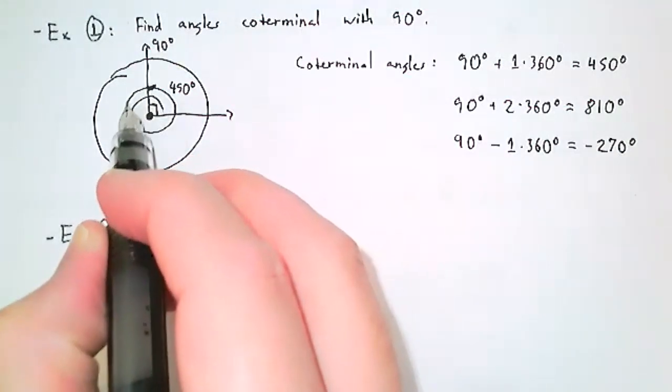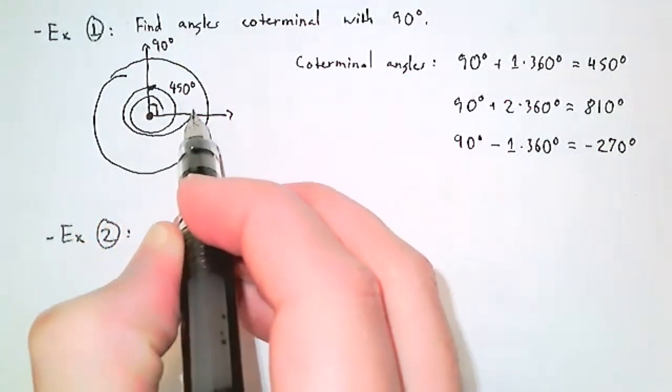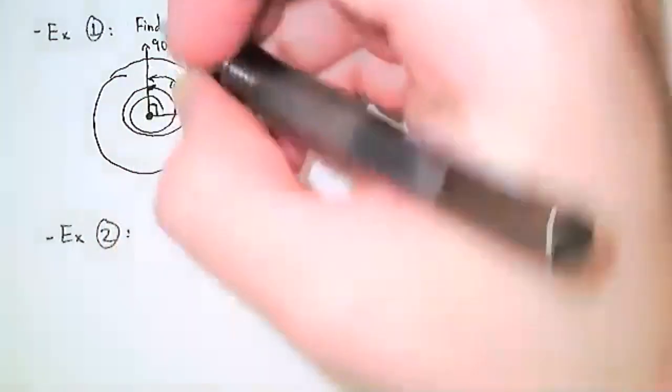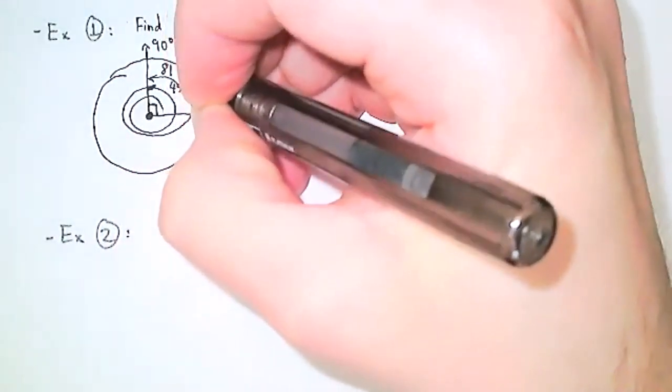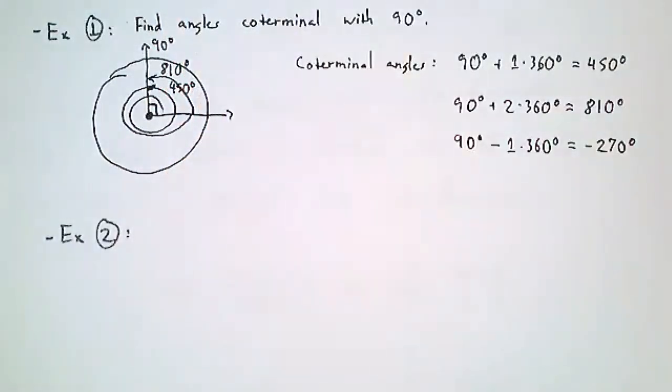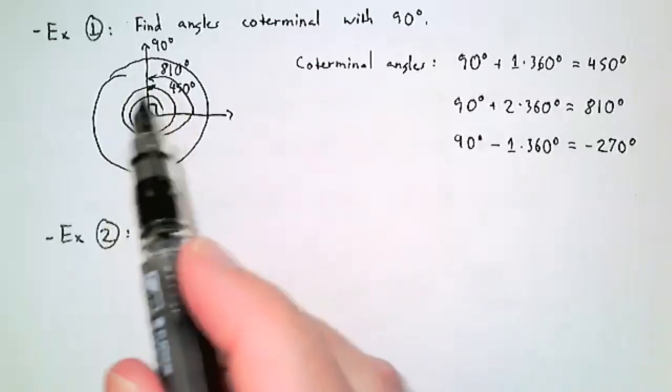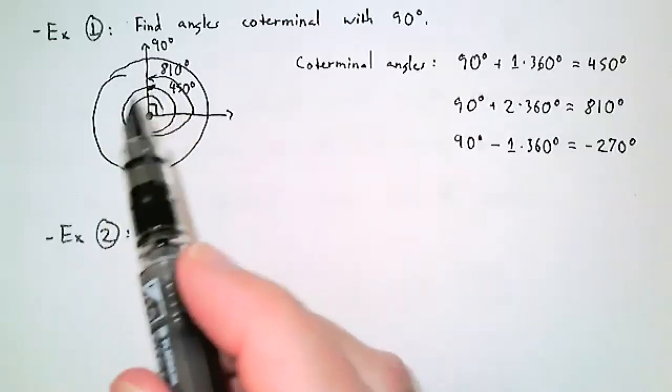And we could have kept on going, spiraling around the circle to 810. So this spiraling is what we're doing around the circle. We're just keeping on going.